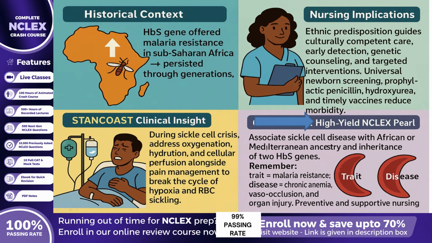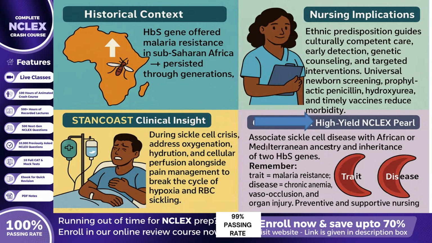Over generations, this genetic adaptation persisted and was passed down through descendants who later migrated to the Americas and Europe. Smaller populations with sickle cell disease are also found in Mediterranean, Middle Eastern, and Indian groups due to historical exposure to malaria in those regions.